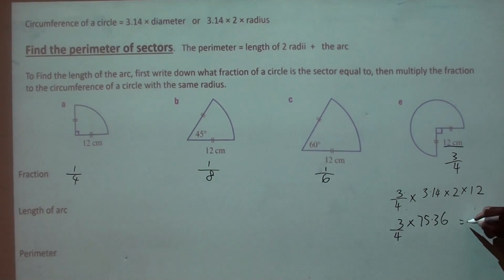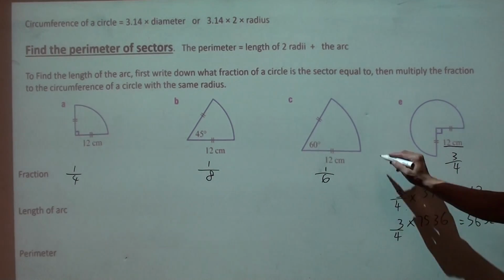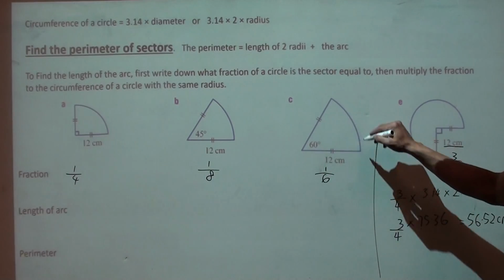That gives us 56.52. Now, because we are measuring the perimeter, which is a length, the unit is 56.52 centimeters.